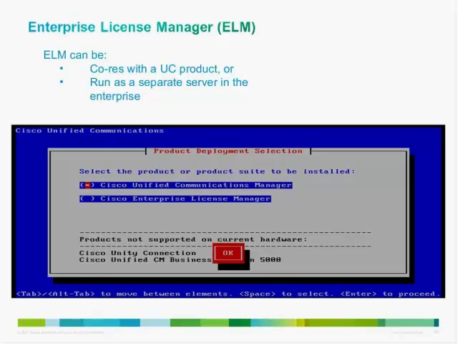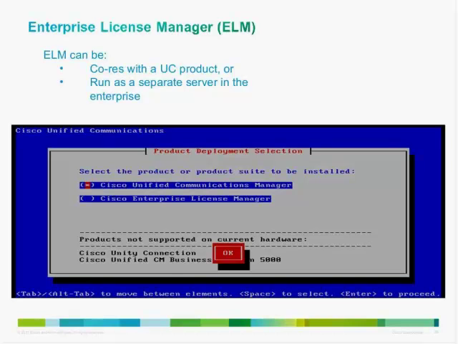So when you're installing a call manager, you may get this option with 9.x. If you select the first option, Cisco Unified Communications Manager, it's going to install both instances. What I mean by that is it's going to install CUCM 9 along with the Enterprise License Manager as well.